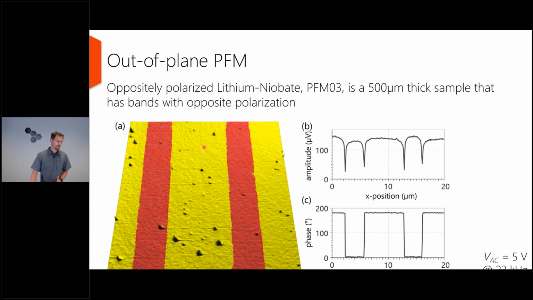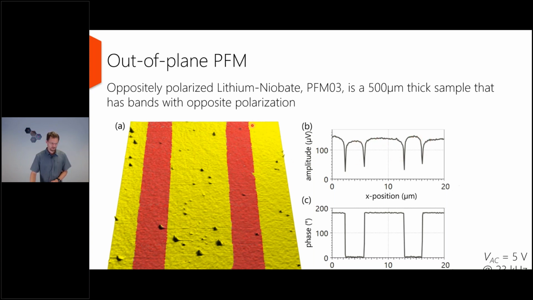Since it's the same material in the yellow and red areas, you don't expect a large influence on the amplitude by the polarization. It's the same thickness, about 500 micrometers everywhere. And that's also what you see here in the profile of the amplitude, whether you're on the red parts or on the yellow parts, which are wider, you get almost the same amplitude.